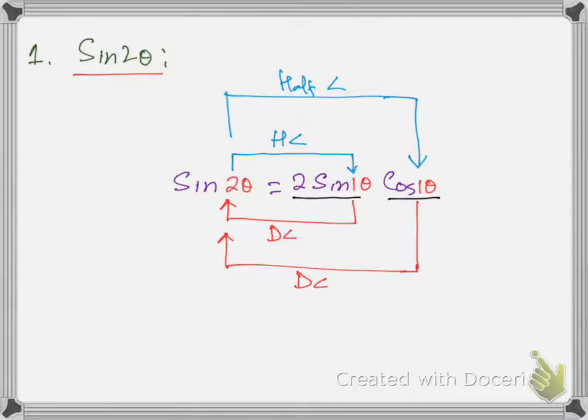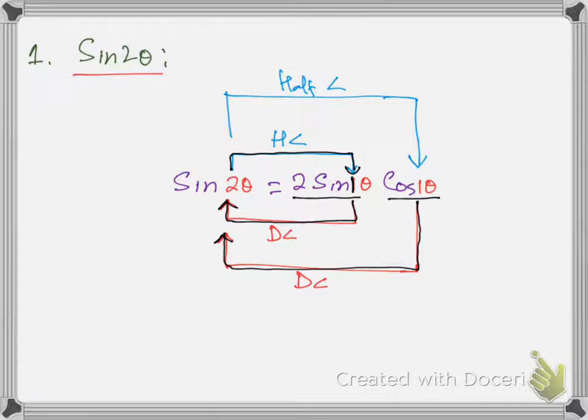If you observe in the reverse way, you will see this 1 has become 2. The double of 1 is 2. So the reverse way is the double angle, and if you go in the forward direction, the half of 2 is 1.